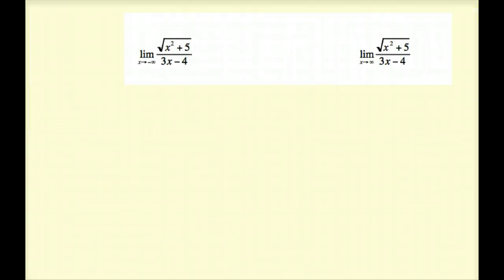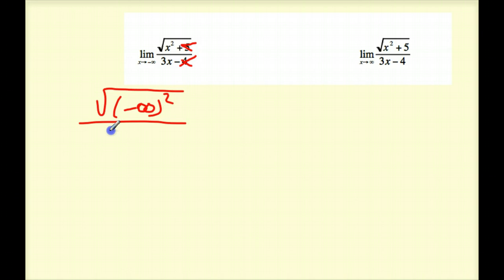Right here, you notice I have square roots. So let's go ahead and square root some of these and see what happens. If you notice, inside the square root, this 5 doesn't really do anything for us, and in the denominator, that negative 4 doesn't do much for us as well. So what we're going to do is plug in our negative infinity, square it, and then plug in our negative infinity down here.